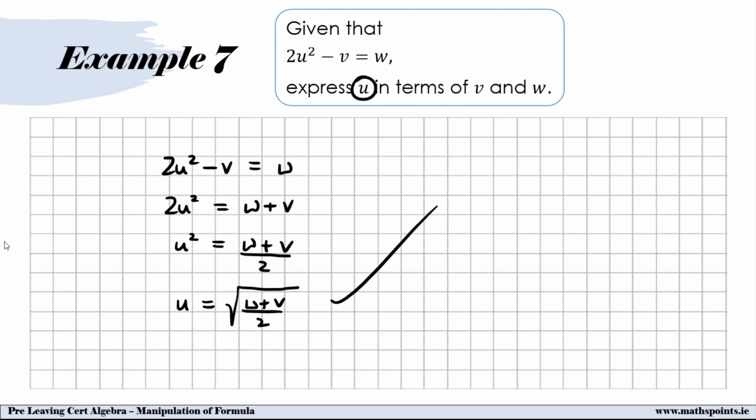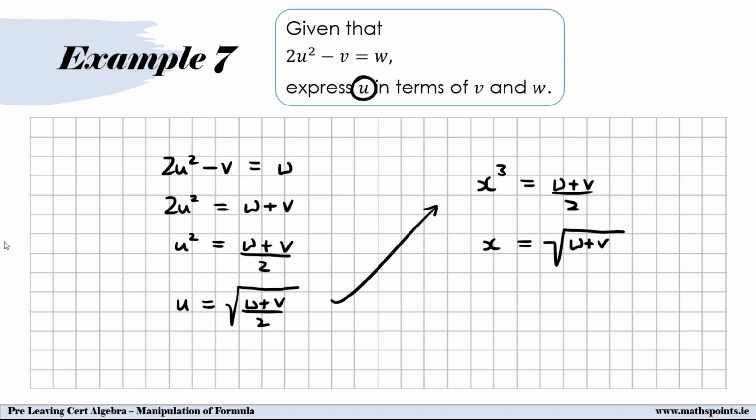Just to have a look at what if that had been, let's say, x cubed equals w plus v over 2. Just to have a look at what would happen if it was a cube instead of a square. So here the square root of both sides wouldn't have been enough. We would have to get what's called the cube root of both sides. The cube root of x cubed is just x, and then we'd have to write the cube root on the other side.